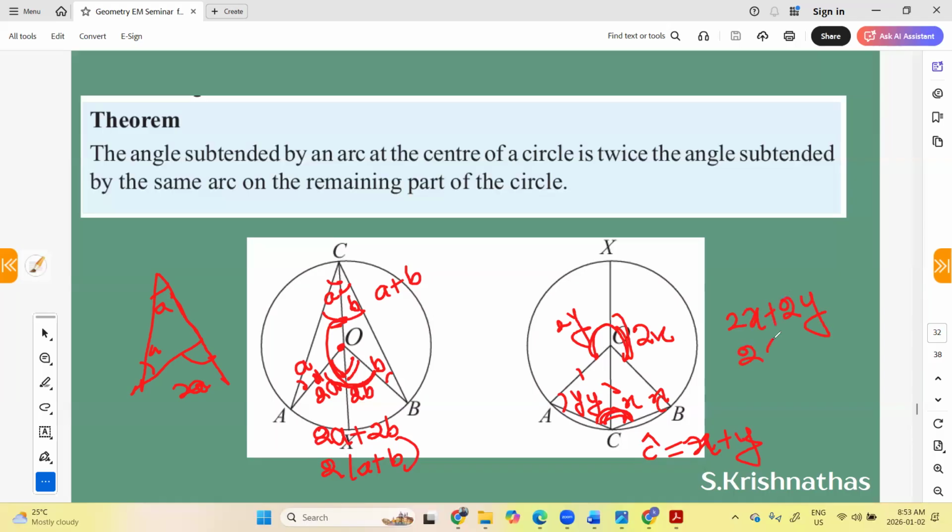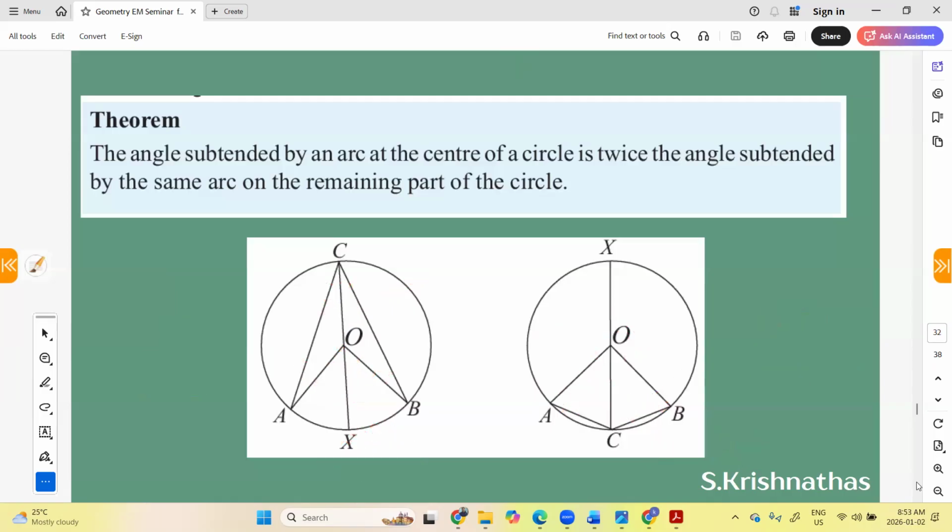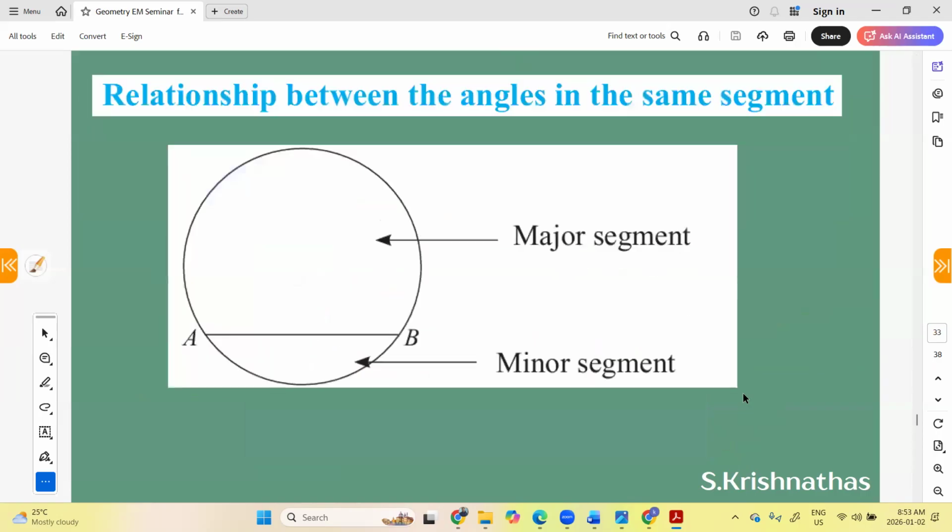If you take out 2, it is 2 times x plus y. So the arc subtended angle at the center of the circle is twice the angle subtended in the remaining part of the circle. This is the formal proof. Right? Okay, next.